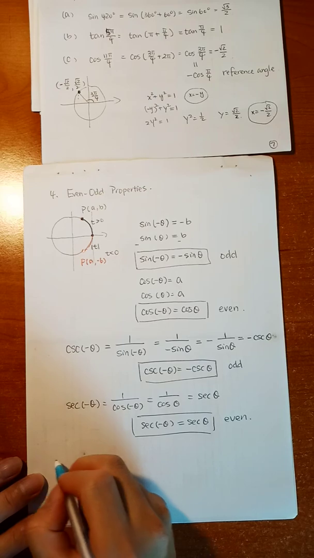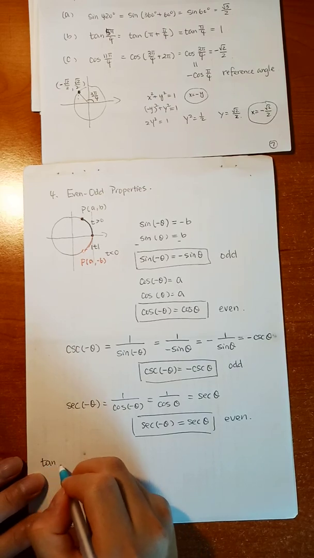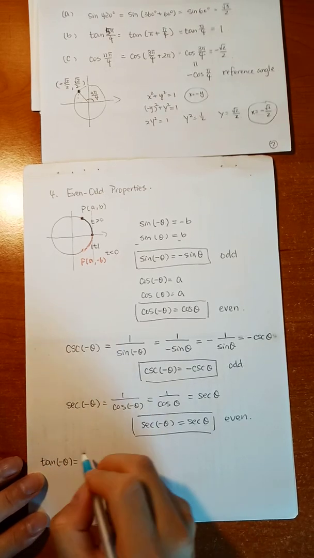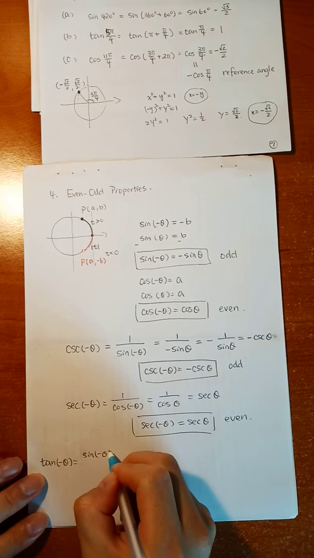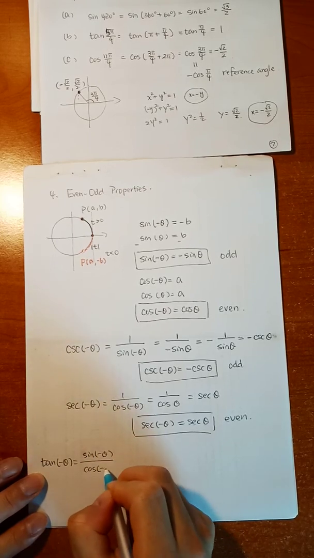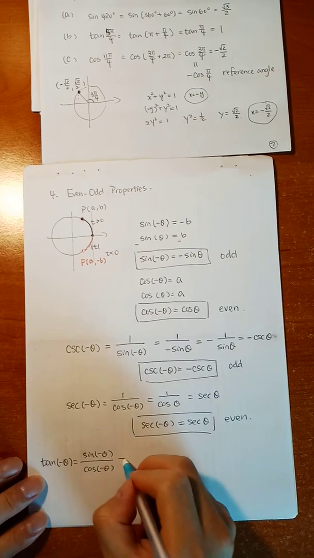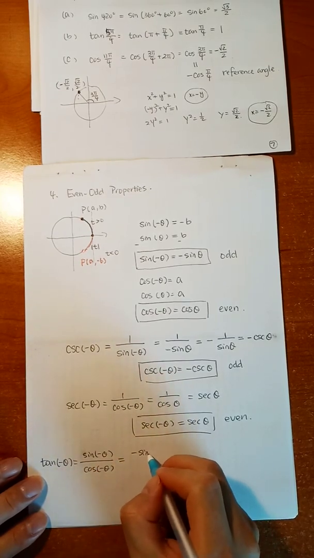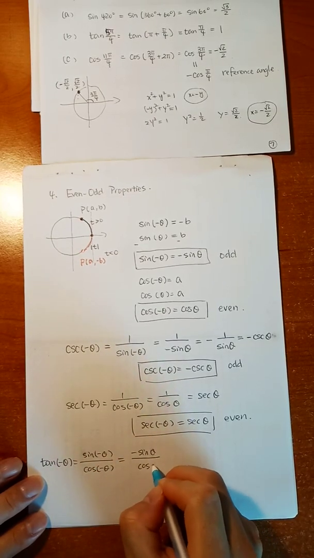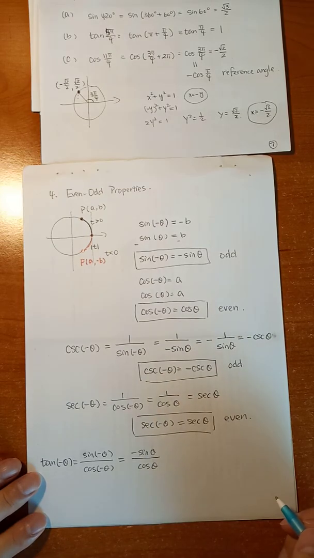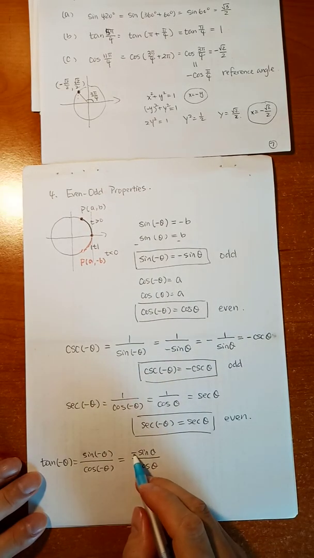Now let's see the tangent. Tangent negative theta. Tangent is sine over cosine. The sine is an odd function and cosine is an even function, so you lose one negative sign.